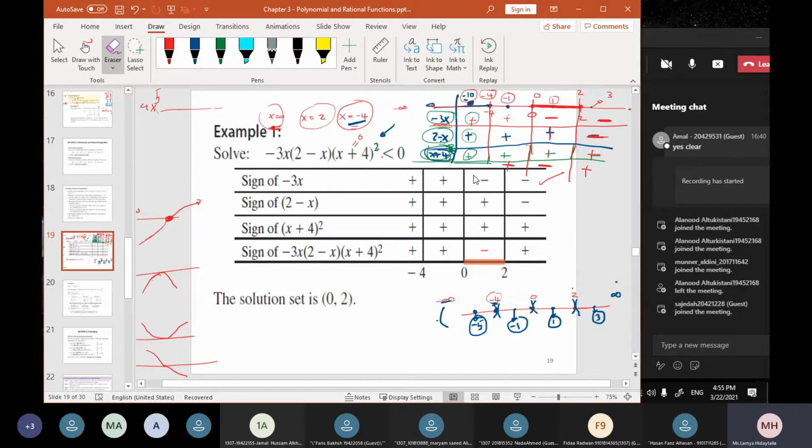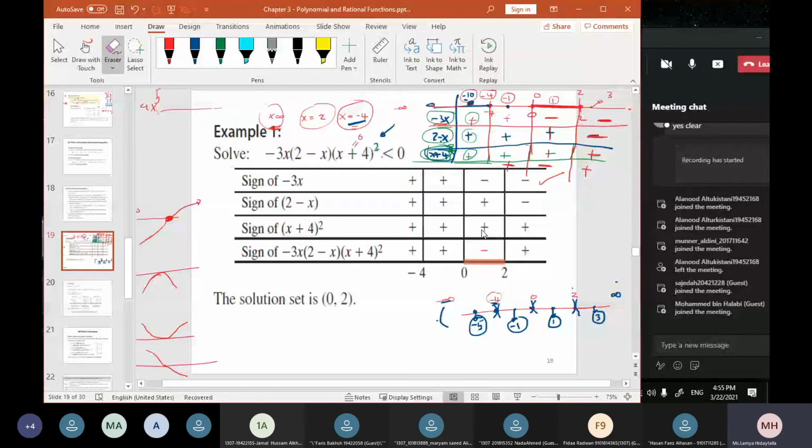And then here it was negative times positive times positive. Negative times positive is negative, so the final is negative, correct? And the last one, negative times negative is positive, and then positive times positive is positive. So these are the signs of the function in different intervals.